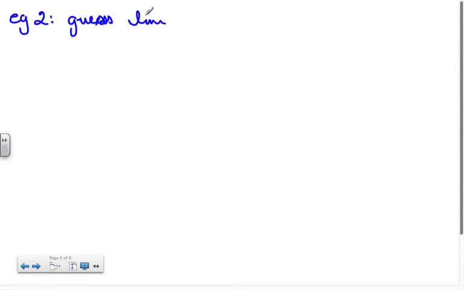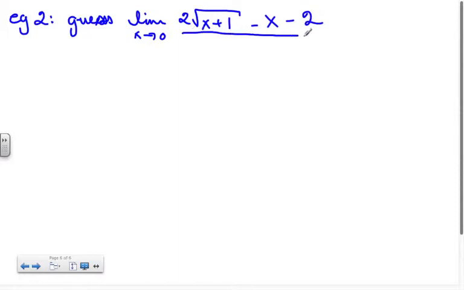Yes, the limit as x approaches 0 of 2 square root plus 1 minus x minus 2 over x squared.